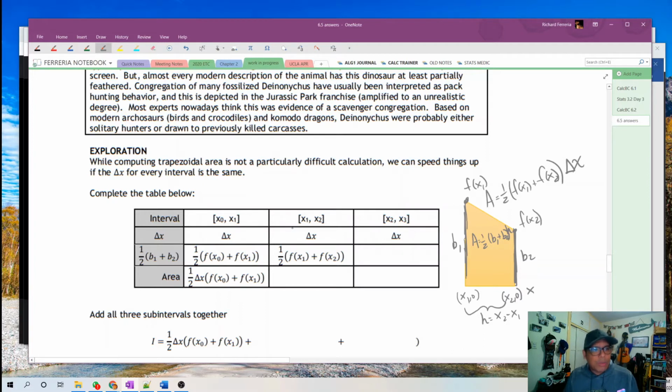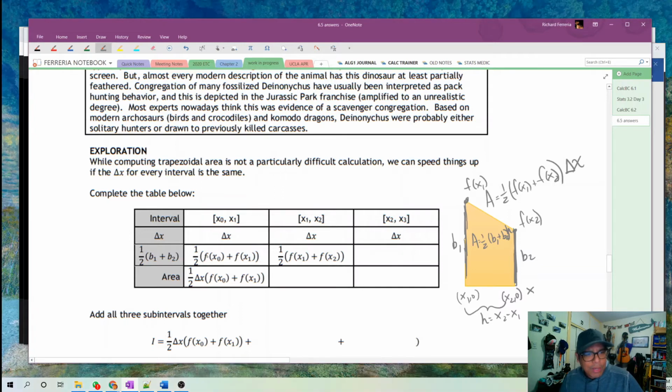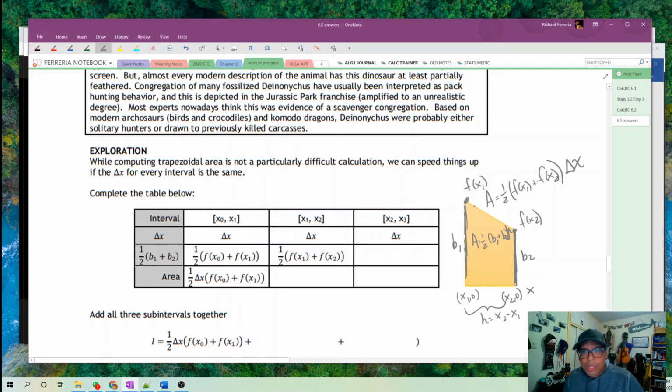So what we're going to do is take a look at this table here, and we're going to fill it out. If we have x0 to x1, the width is delta x, of course. 1/2 of base 1 plus base 2, that's 1/2 of f of x0 plus f of x1. And so the area of that trapezoid would be 1/2 delta x, f of x0 plus f of x1, which is the same thing that we have over here.